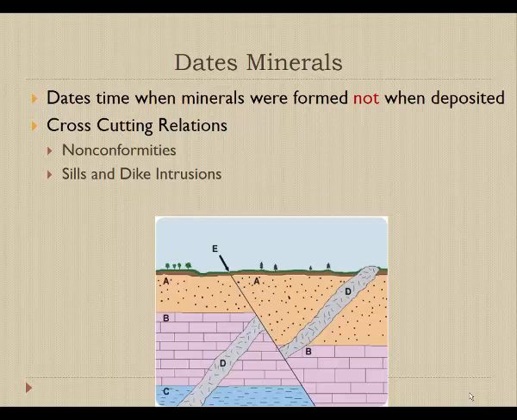And so we can date that dike, like in this diagram, that formation D to a potential age, maybe 50 million years old. Then we could know for sure that layer A of sandstone, or B, perhaps a limestone below it, those layers must be older than 50 million years old because they must have been around at the time when the dike that we can see in the diagram here labeled as D formed.